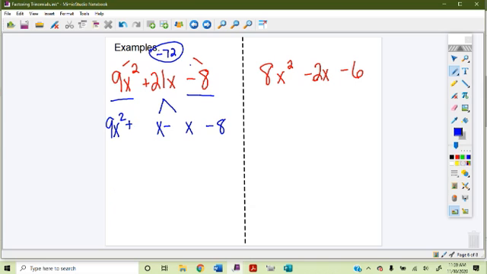So let's think about what we can multiply to get 72. So 1 times 72 would work. 2 times 36. If you don't know that, you can do 72 divided by 2 and get 36. 3 times 24. 4 times 18.